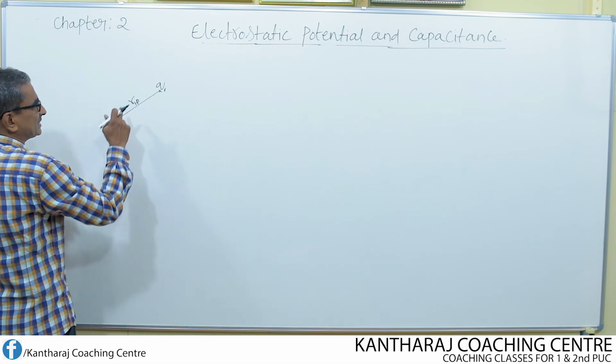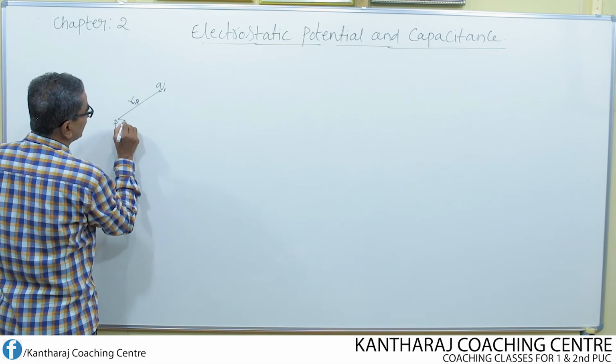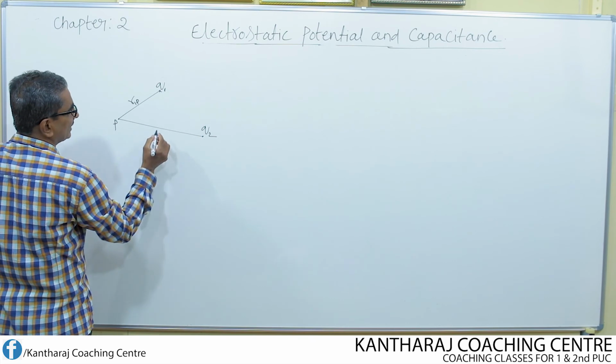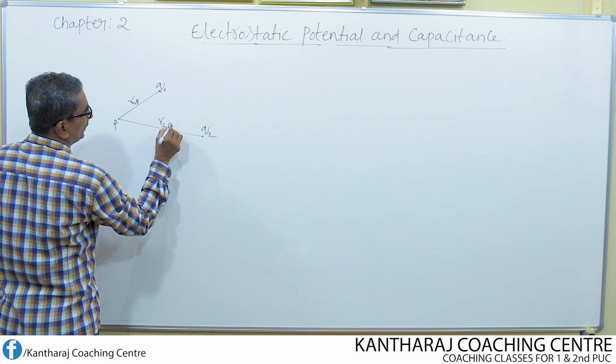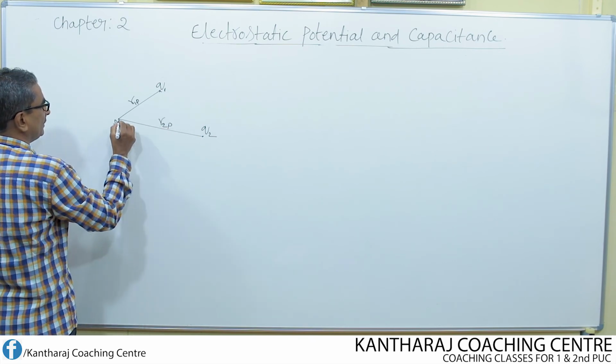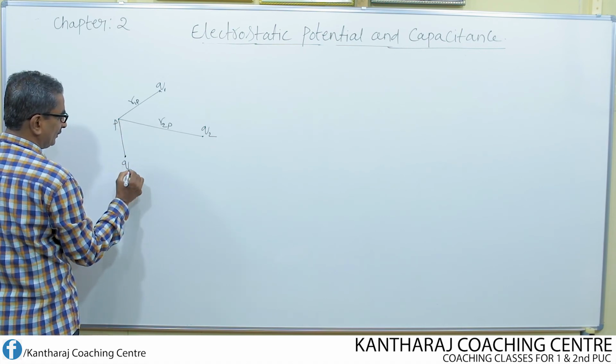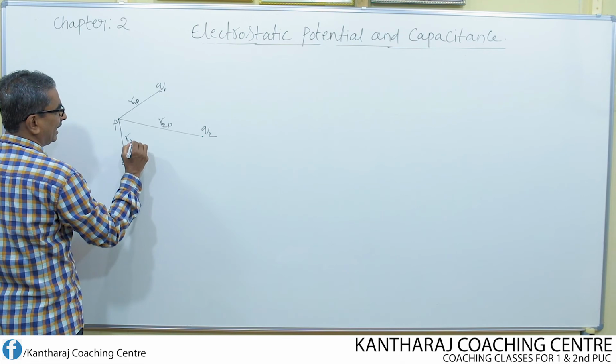This charge is at a distance R1P. Now I consider one more charge Q2 which is at a distance R2P. Similarly, I consider one more charge Q3 at a distance R3P.